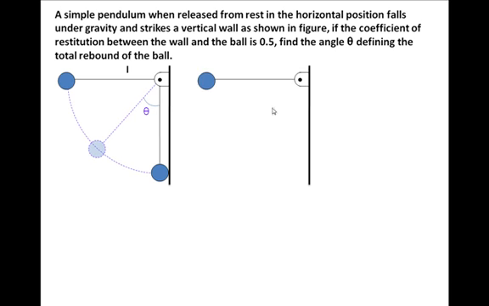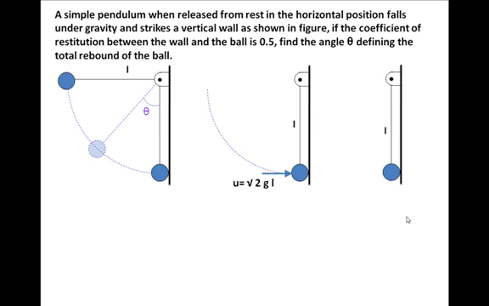So our approach is like this. This was held in horizontal position and then it has fallen. So before it hits the wall, it achieves a velocity of √(2gl) because the body has fallen through height L. Now, because it hits a body of infinite mass, that is the wall, it rebounds with velocity e√(2gl).